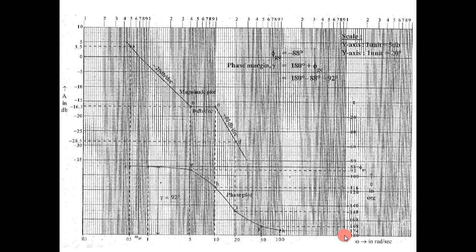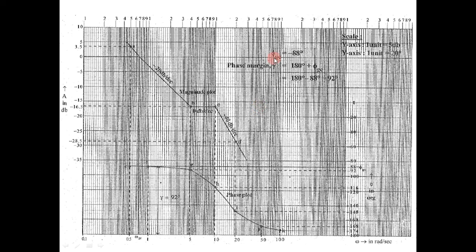That is the reason we have to assume that omega pc exists at the infinity point. In this case, omega gc is less than omega pc. The first condition is satisfied, that is nothing but the system is a stable system. Then we have to find the gain margin and phase margin.